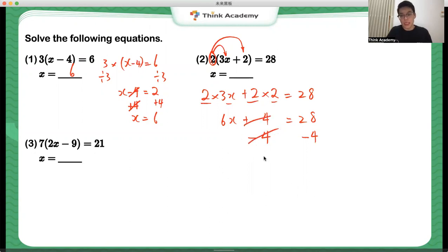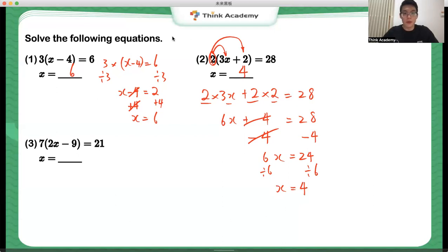What I have left is 6x on the left-hand side and 28 take away 4, which is 24 on the right-hand side. And then I just divide 6 from both sides to get rid of the extra number. So I have x on the left-hand side and 24 divided by 6, which is 4 on the right-hand side. Okay, so that's how I get 4 as the answer.